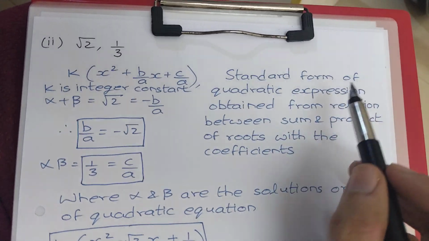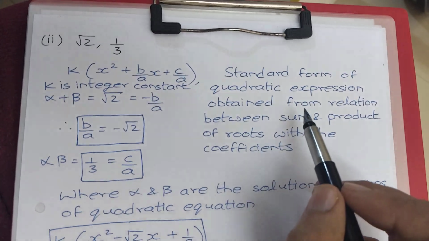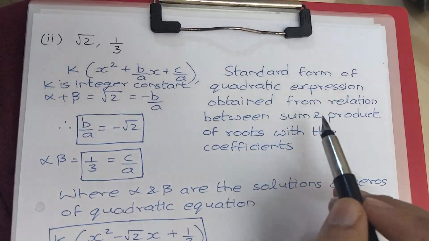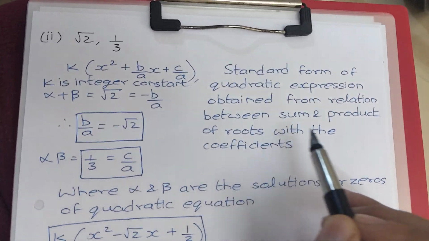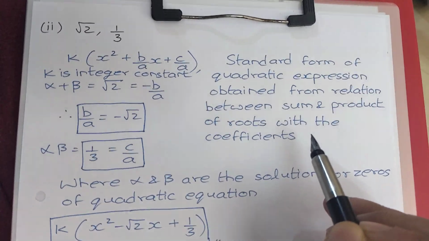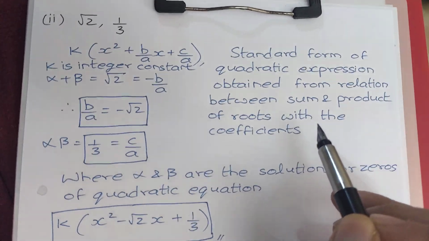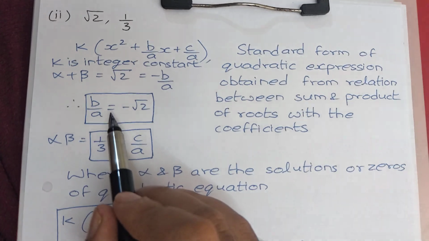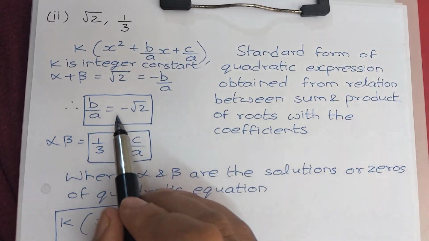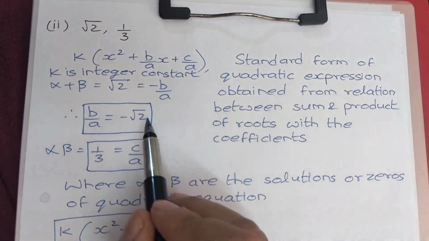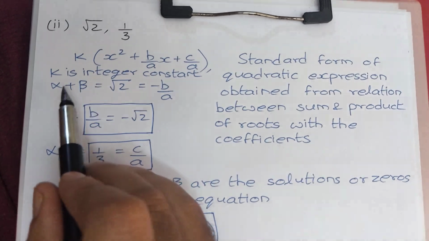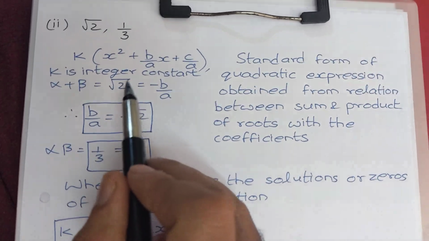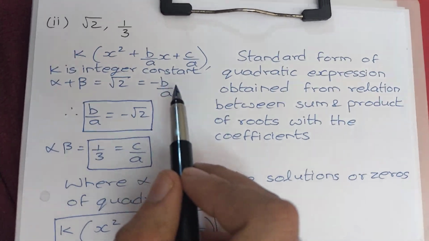So the standard form of the quadratic expression is obtained from the relation between the sum and product of roots and the coefficients of the quadratic equation. So here we have b by a as minus root 2. How do you get that? Because the sum of roots alpha plus beta is root 2, which is nothing but minus b by a.